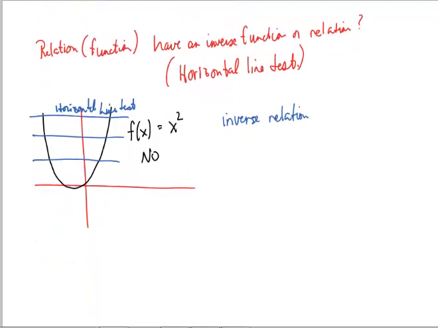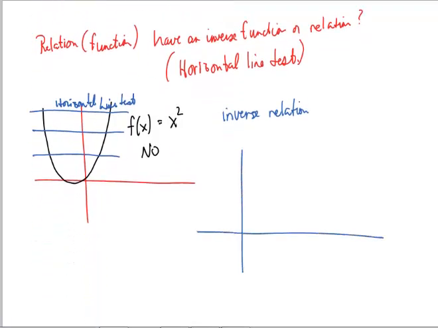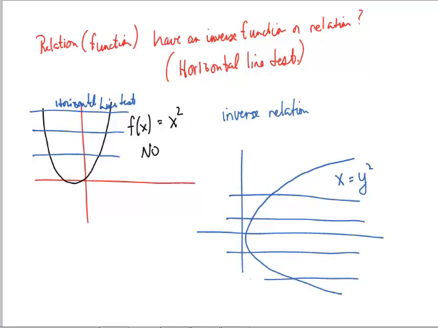So this works nicely. Let's say you start out with a sideways parabola. This sideways parabola is x equals y squared. This actually has an inverse function, so this one passes the horizontal line test.